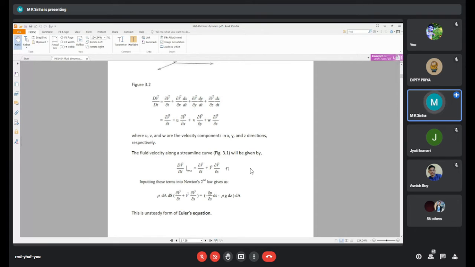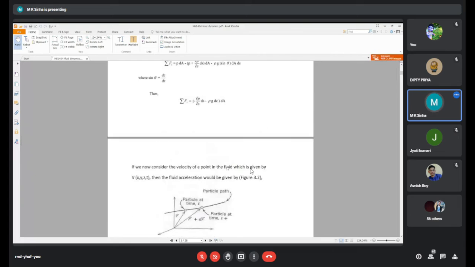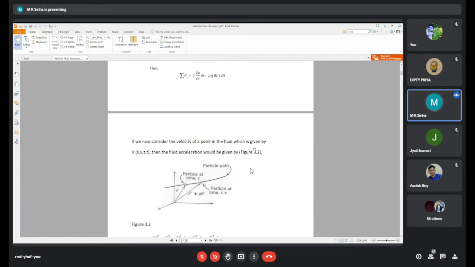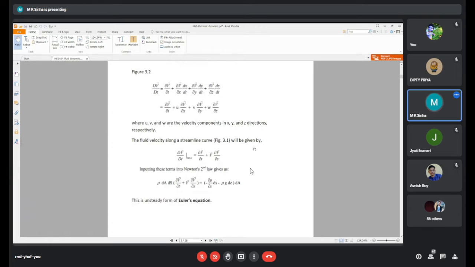So rho into dA into ds, here minus del P by del S into ds, minus rho g dz into dA. This is the mass, and mass into acceleration is the sum of the forces.